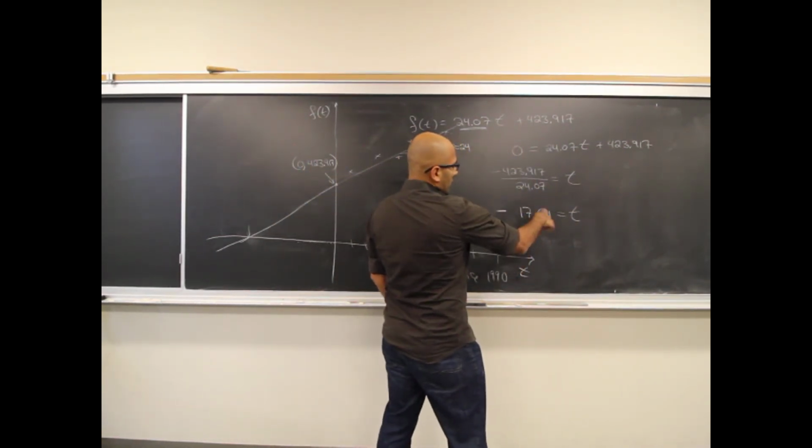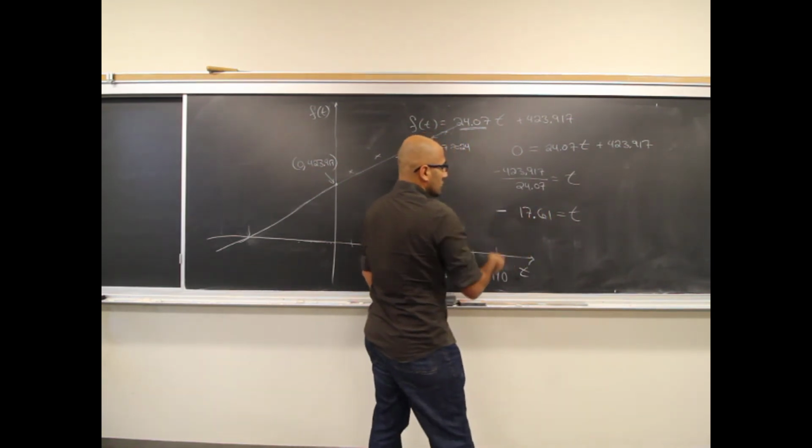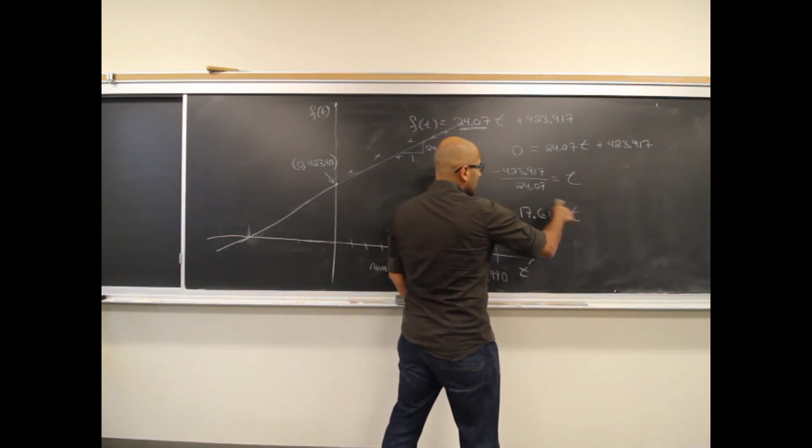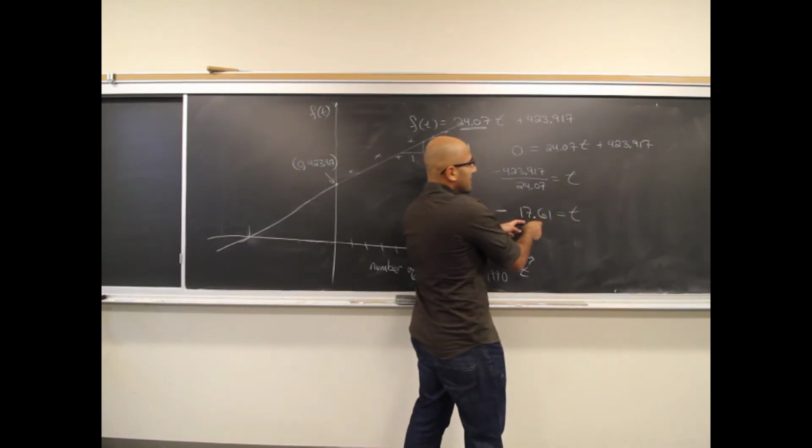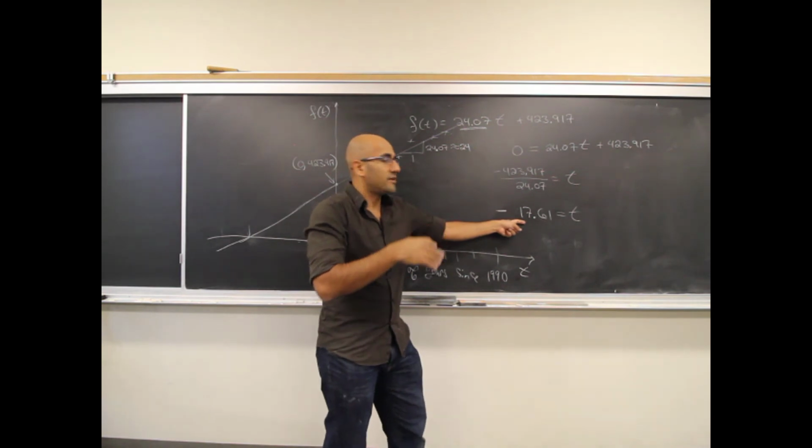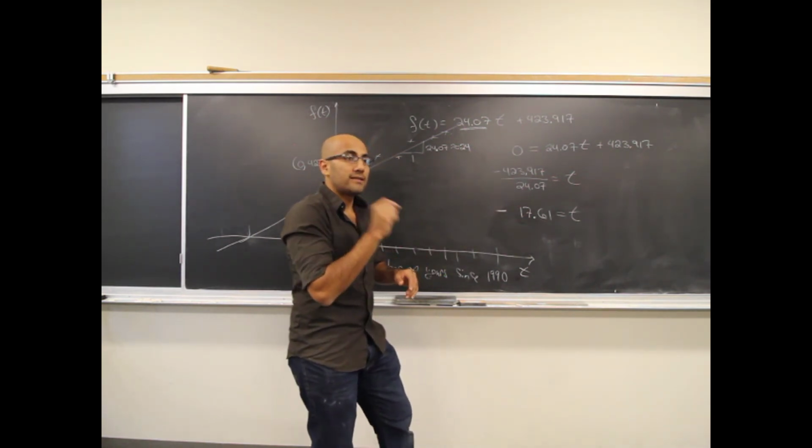Alright, so we can round that to about 18 since we're doing calendar years. Or we could say, about halfway through, so 17 and a half years prior to 1990.